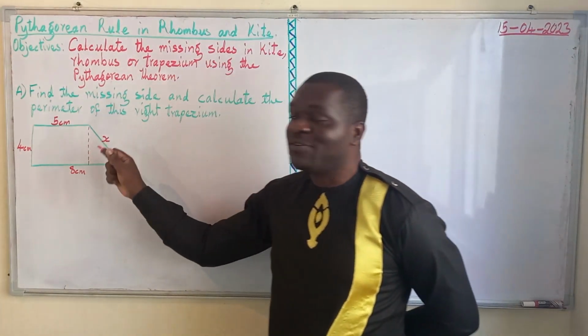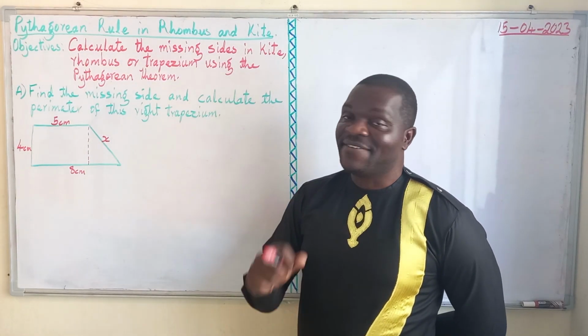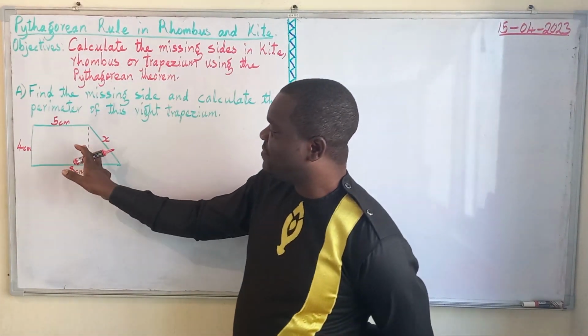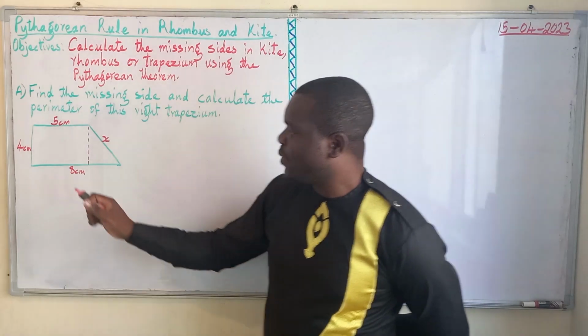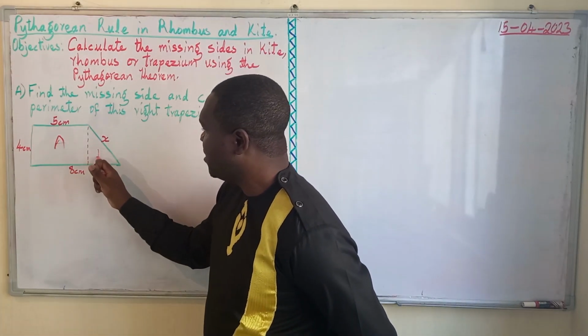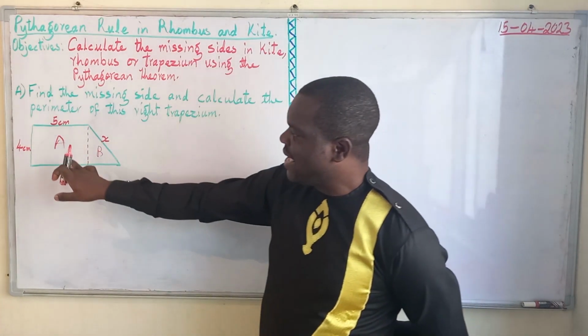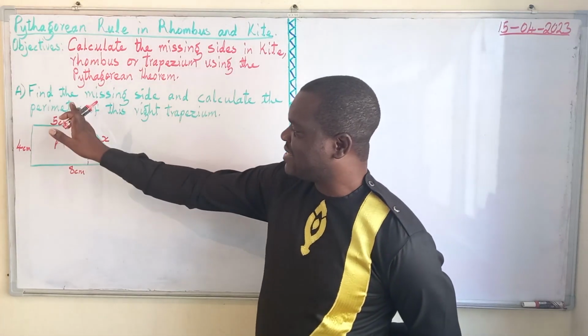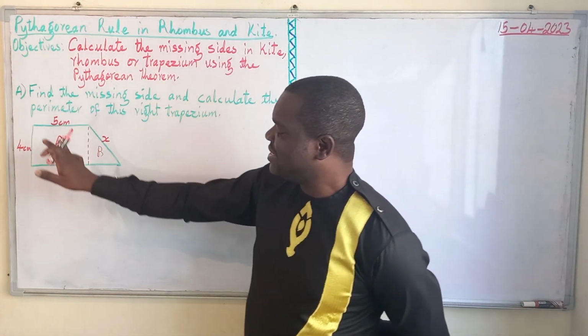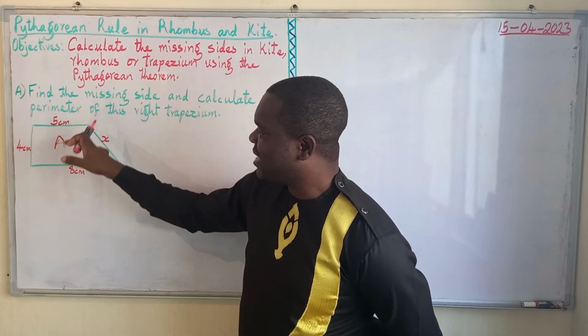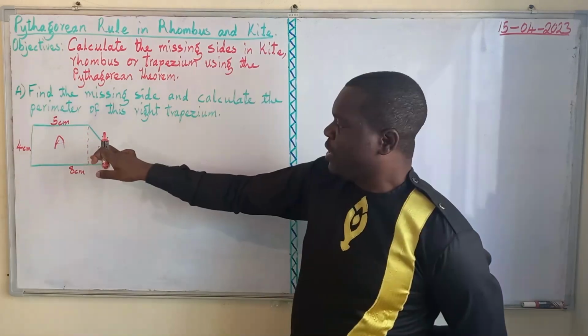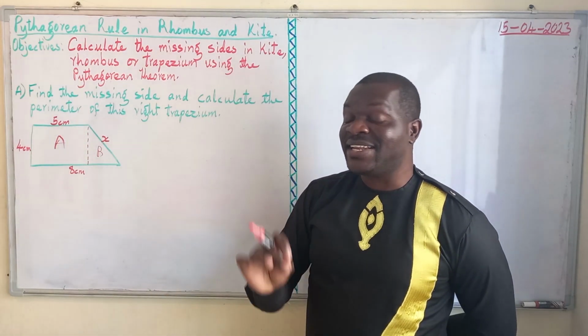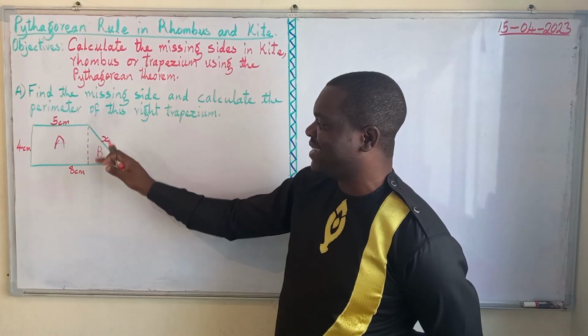To be able to solve this correctly, the first thing is we have to divide this shape into two. So we have here A and here B. Now if you look at A, you realize that A is a quadrilateral, which is a rectangle with a longer side and a shorter side. If you come to B, you realize that it gives you another shape, that is a triangle.